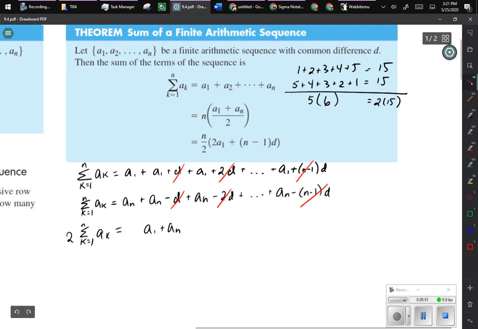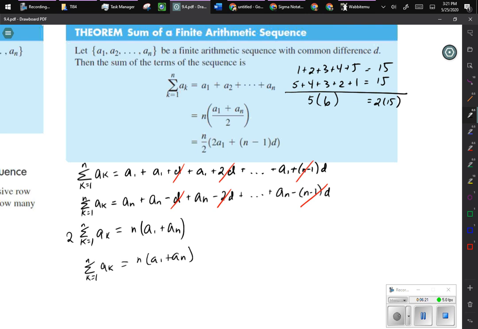So in this case, how many terms do I have? I have n terms. So then that'd be n times that. And then at the end of the day, if I want to get this definition, then I could divide both sides by 2, and I will get the summation from 1 to n of a sub k equals n times a sub 1 plus a sub n over 2.